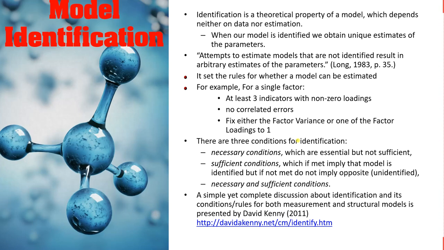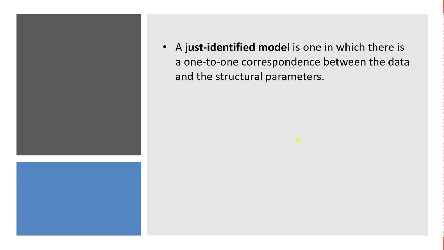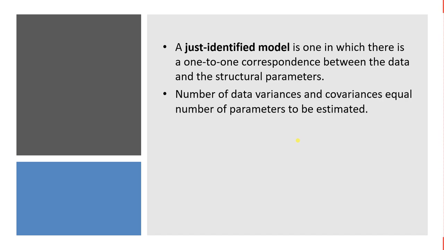But for our purpose, I will define that there are three conditions when we identify the model. Models may be a just identified model. A just identified model is one in which there is one-to-one correspondence between the data points and the structural parameters. It means the number of data points and the number of parameters to be estimated are equal.